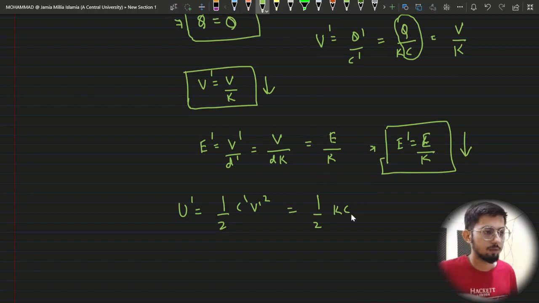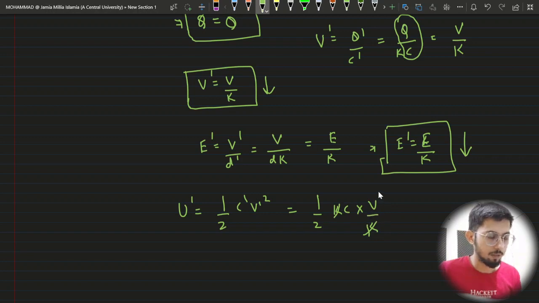V dash is how much? V by K. K cancels out. Oh, sorry, this should be V square. So K cancels out, so it's half CV square, which is the initial U, the same.